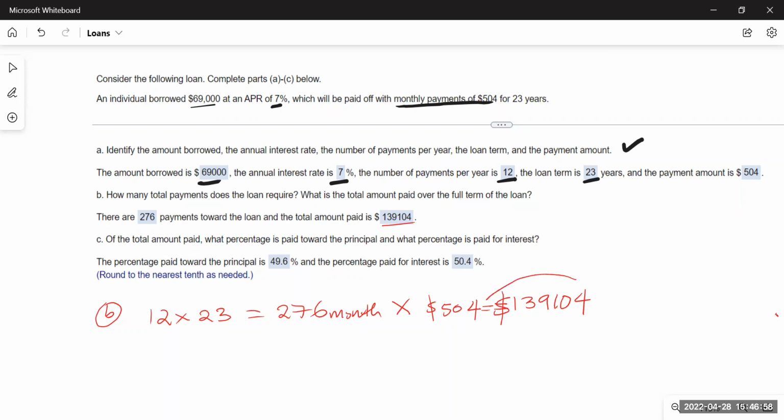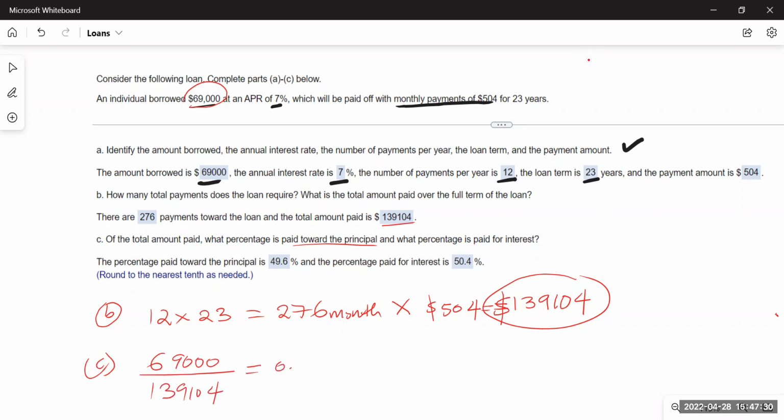C, of the total payment, or of the total amount paid. So we know that this is the total amount that has been paid. What percentage is paid towards the principal? First, we want to know how much is paid towards the principal. As a percentage, we need to do the principal that was borrowed, $69,000, divided by the total amount of money that was paid.